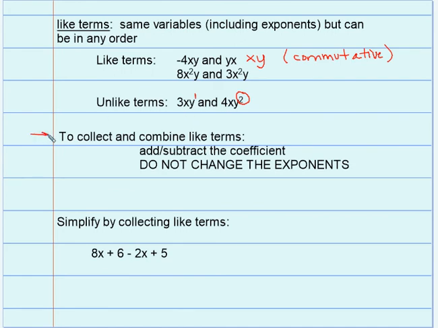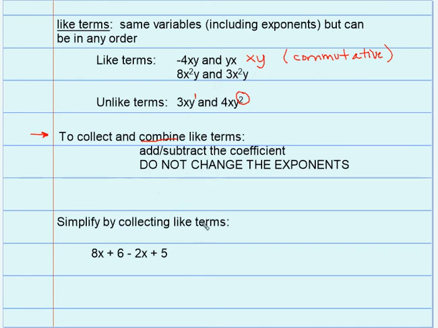Now, lesson 31 said we are going to collect like terms. You may hear me say that we are going to combine like terms. It's the same thing. When we collect or combine like terms, we add or subtract the coefficients, and we do not change the exponents.